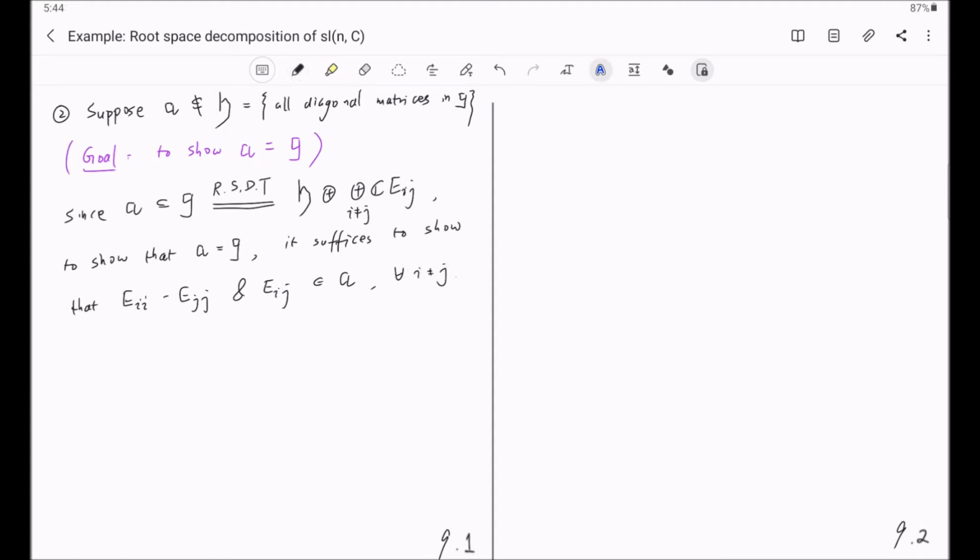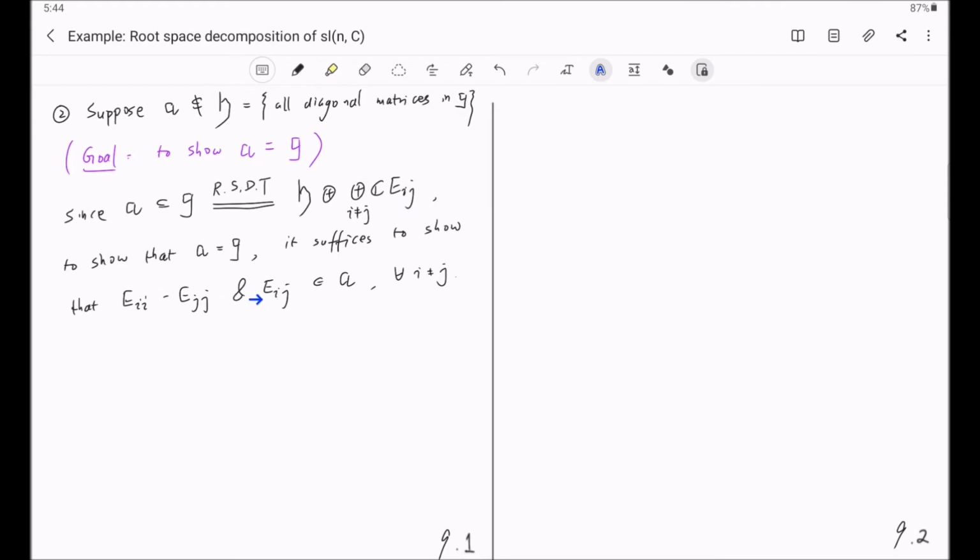Because remember, those elements for i not equal to j will span H, and those elements will span the rest of the direct sum components.